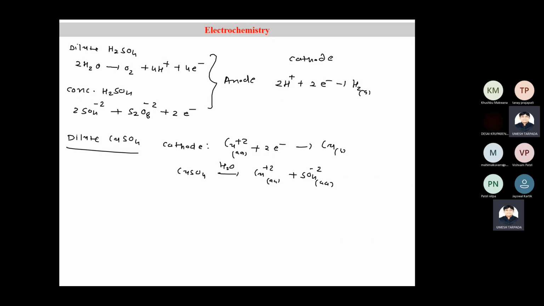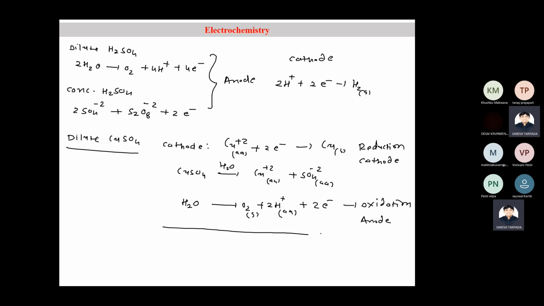So Cu plus 2 is already reduced, but at anode oxidation of SO4 minus 2 is difficult. So instead, water molecule may undergo oxidation to give oxygen as the product plus 2H plus plus 2 electron. Electron is written on the right side, so that indicates oxidation. Electron is written on the left hand side, so this indicates reduction. Reduction takes place at cathode. Oxidation takes place at anode.